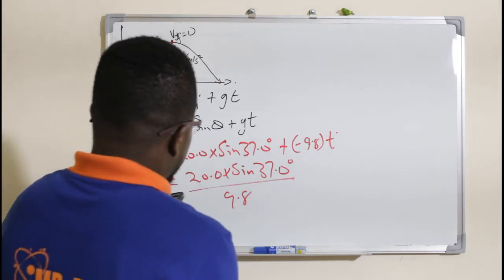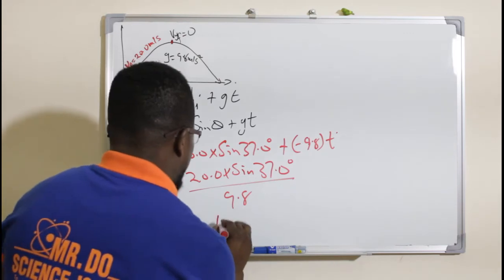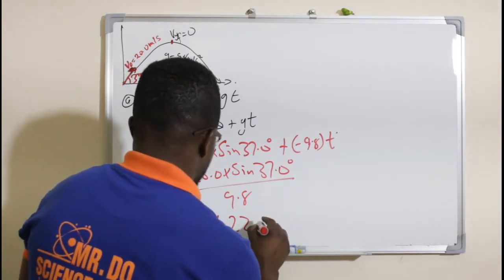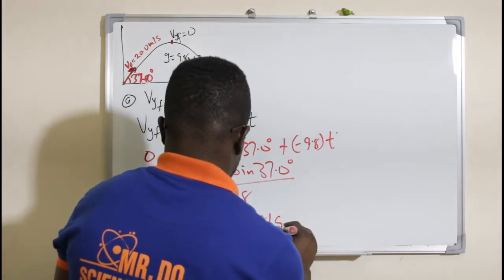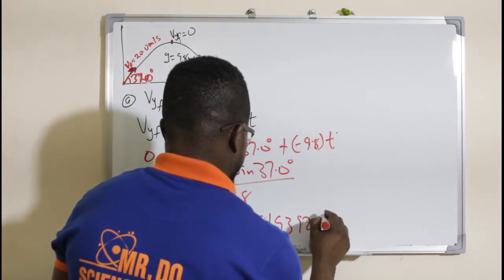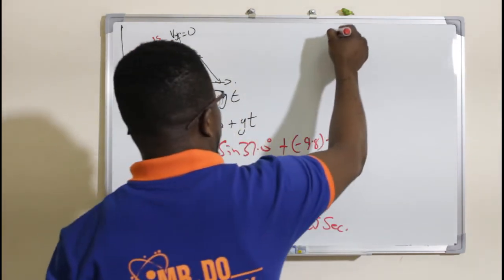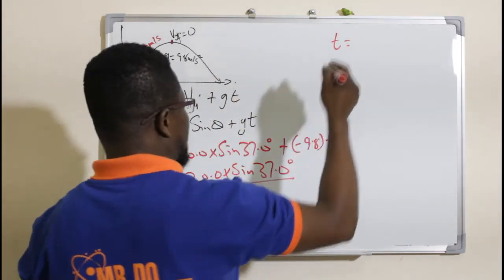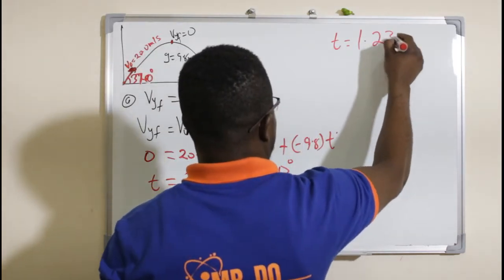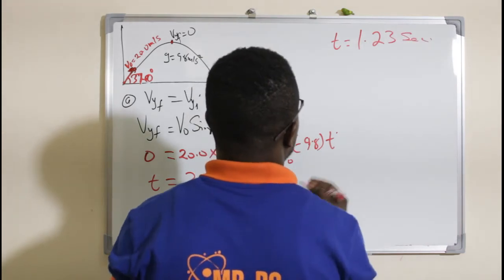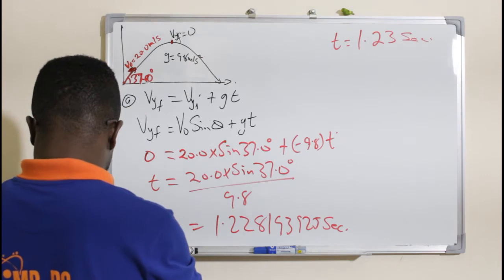I am getting 1.228193925 seconds. Right, I can just write it to 2 decimal places as 1.23 seconds.